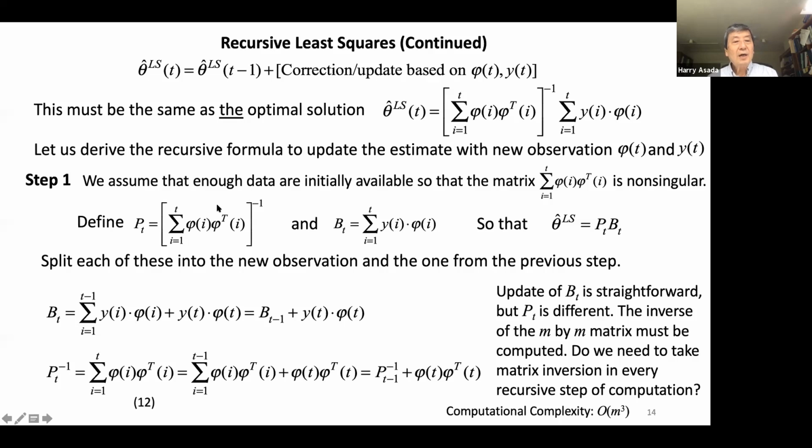Now let us derive the recursive formula to update the estimate with the new observation phi t and yt. We assume that enough data are initially available in the following derivation, so that the matrix, the summation of phi phi transpose over i equal 1 to t-1, is non-singular.